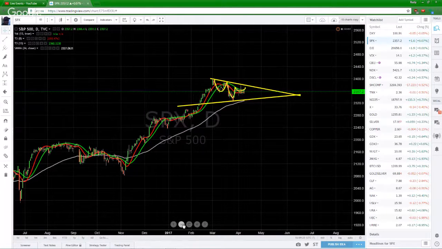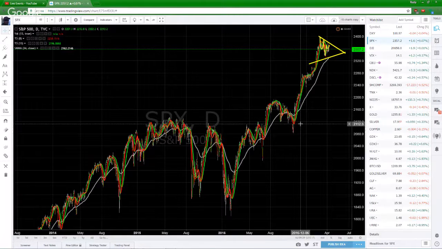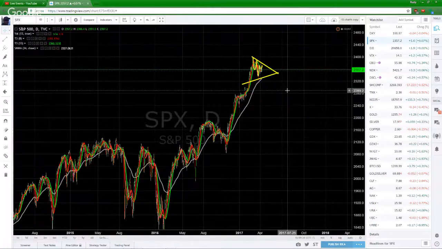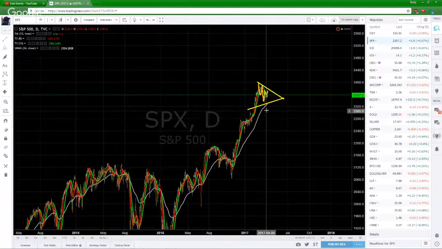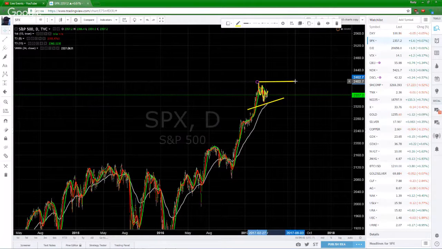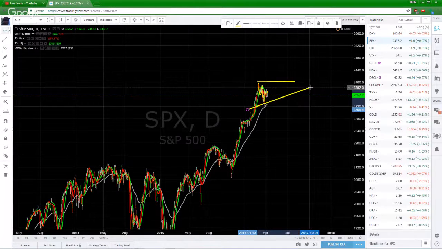Here's a nice reverse head and shoulders. This is at a top. So is the pattern going to fail, or is it going to take another lunge, measured move up, another leg, as they say? Is it going to take another leg up? We'll have to figure this one out.